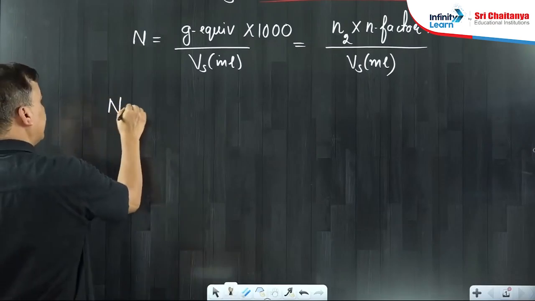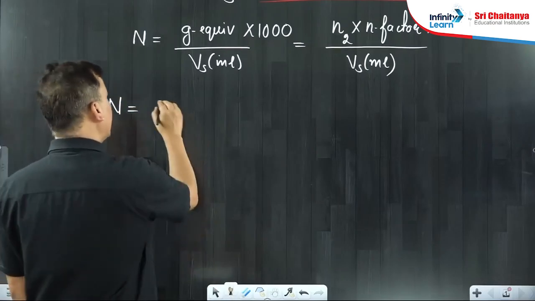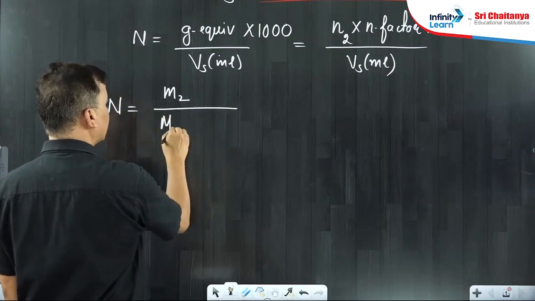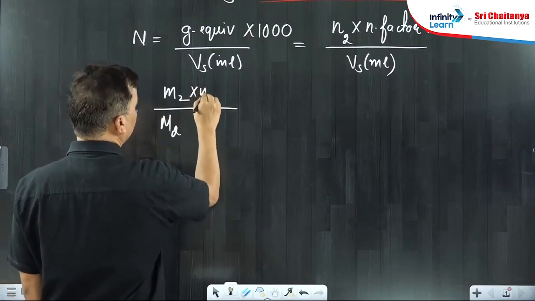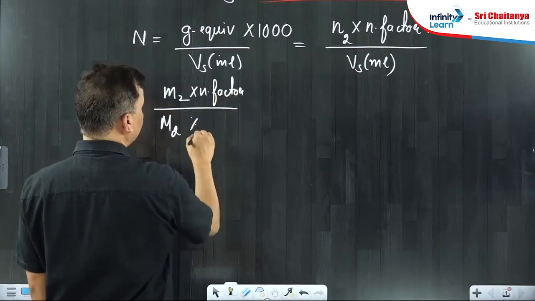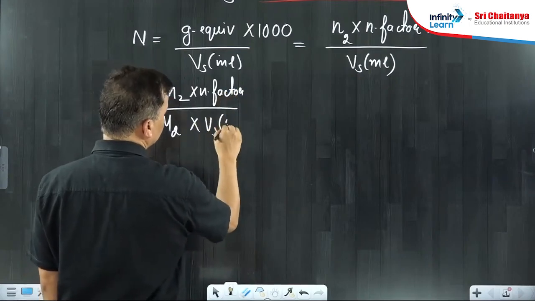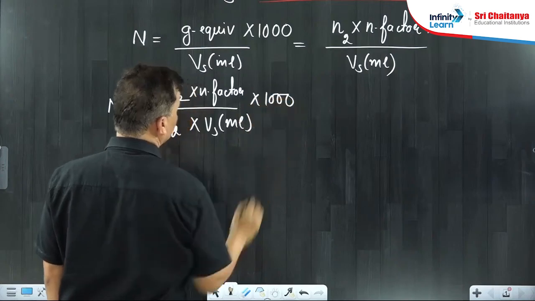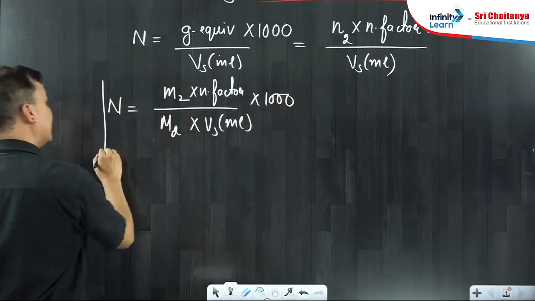I am on the definition of normality only. This number of moles is the mass of solute upon molar mass of solute, into n factor, and volume of solution in milliliters into 1000. Is that clear or not?